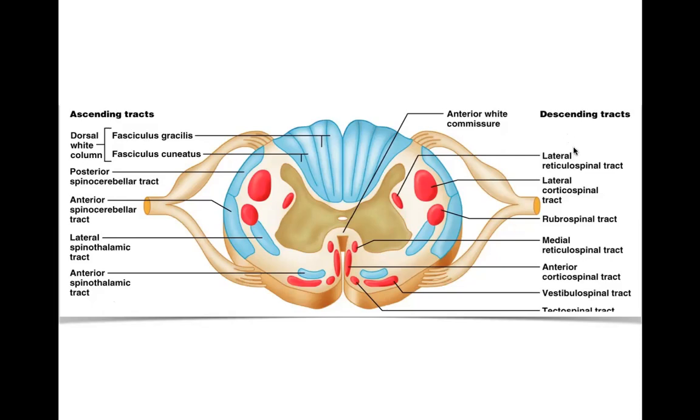To enumerate them, they include the lateral reticulospinal tract, the corticospinal tract, the rubrospinal tract, reticulospinal tract, and the vestibulospinal tract. So again, we are simply enumerating them without regard to their respective function, because as I have always mentioned previously, we shall be discussing their functions extensively in the coming weeks.